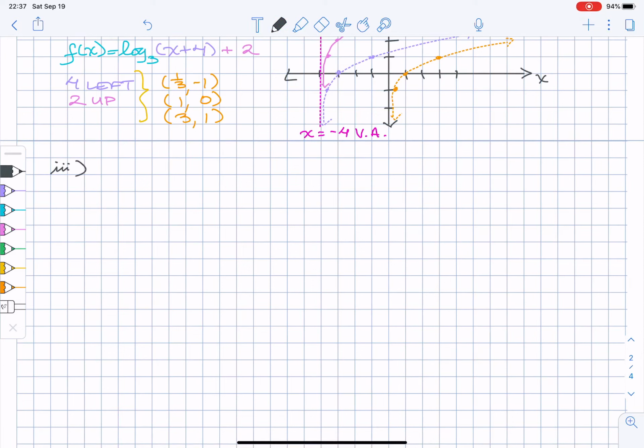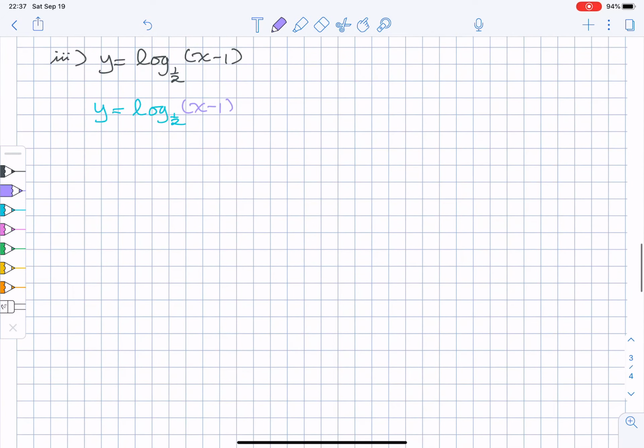Let's say we have that y is equal to log base 1/2 of the quantity x minus 1. So that's simply to the right 1. But what is moving right 1?